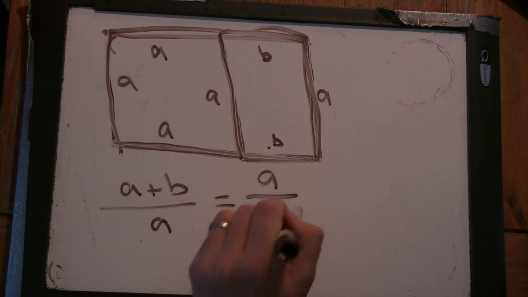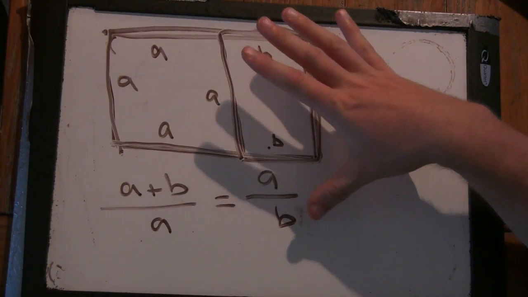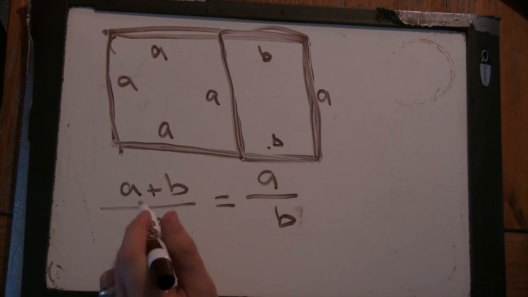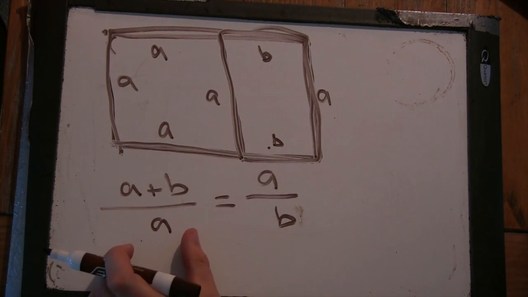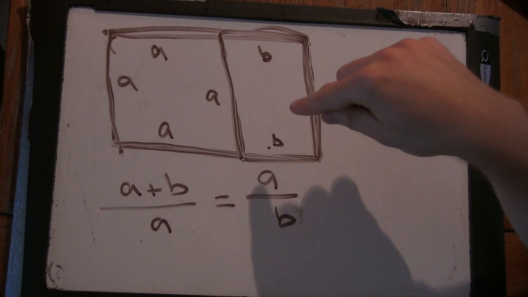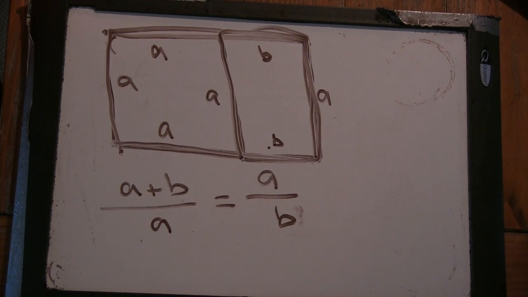B. Okay, so we're going to call this a golden rectangle if the big rectangle is similar to the small rectangle, and that means that the side lengths, (A plus B) divided by A, would have to be the same as A over B.